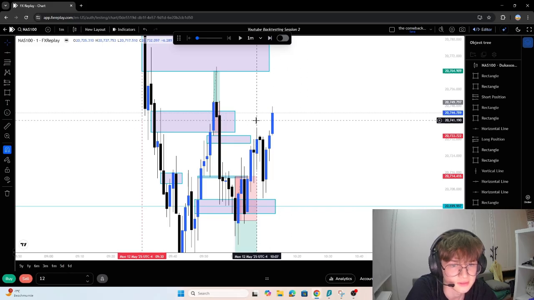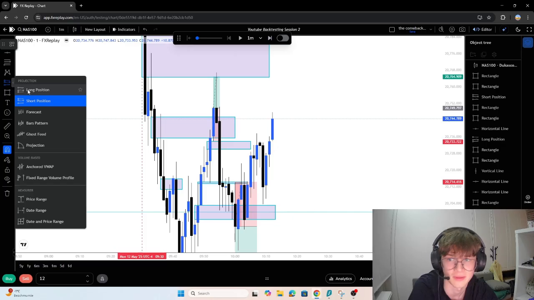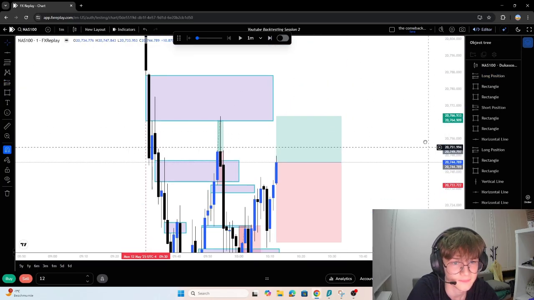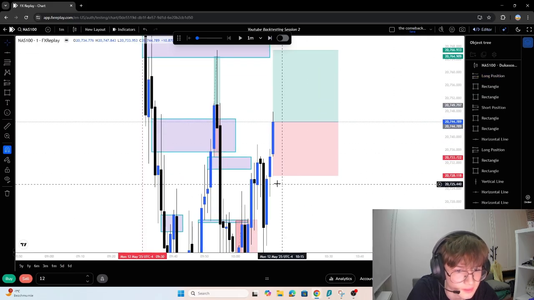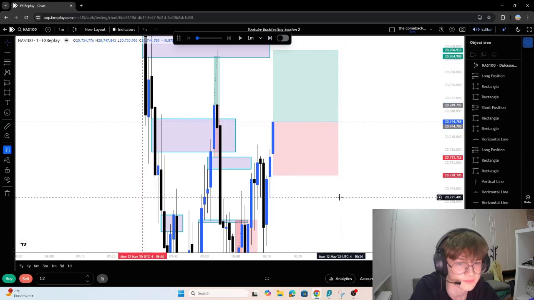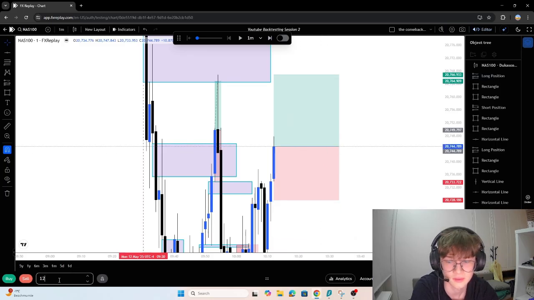I could take this as a continuation trade, I guess. That would be my last trade for sure. And target this high and semi stop here at the low of this FEG. That's 22 points.